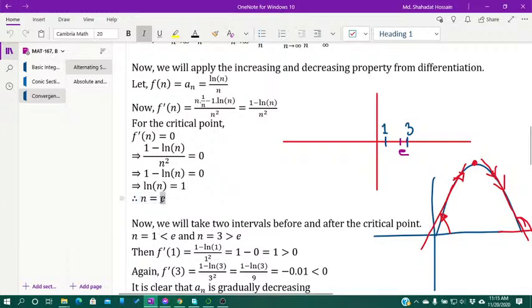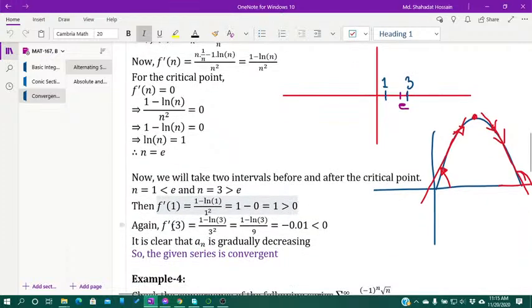Now since this is a single value, we have to consider two intervals before and after the critical point. So suppose before the critical point this is 1, and after the critical point this is 3. Now if I substitute 1 in this function, I will get the result 1, which is greater than 0. And if I substitute 3, I will get less than 0.